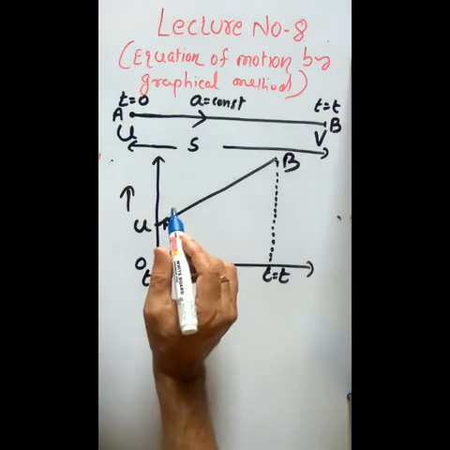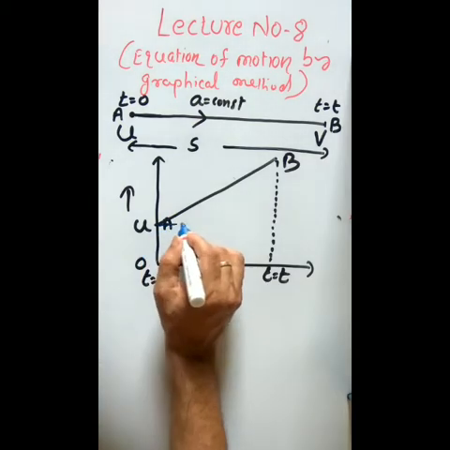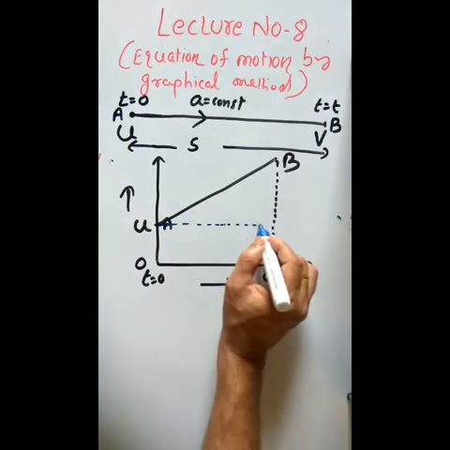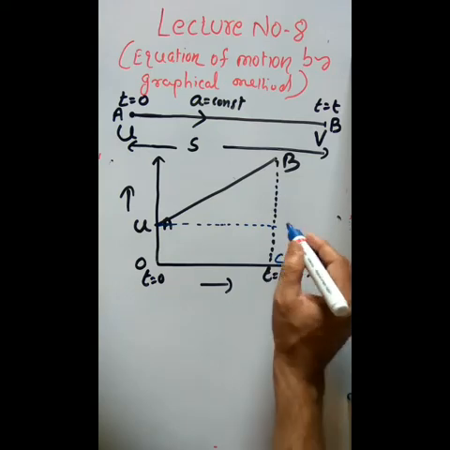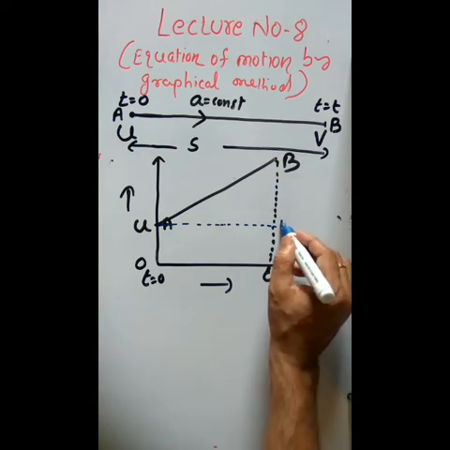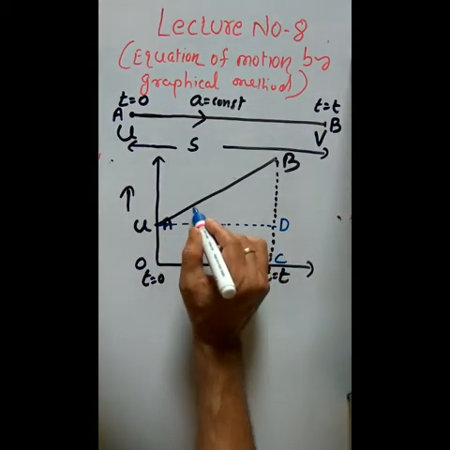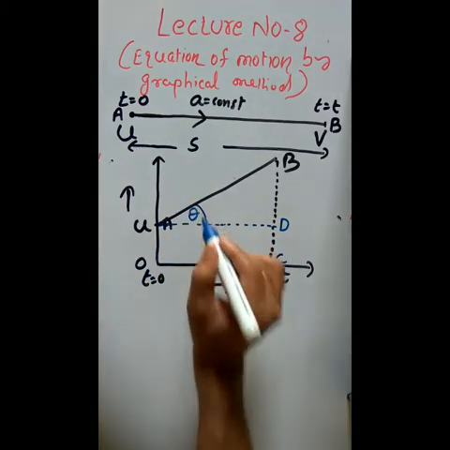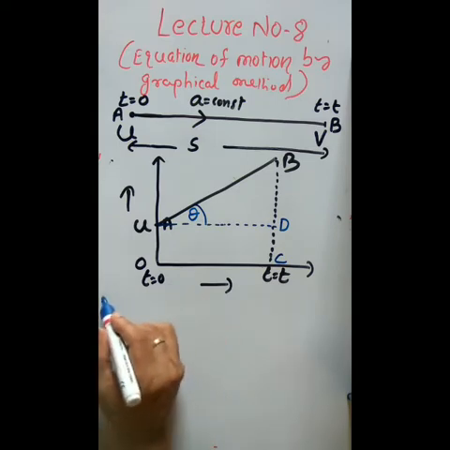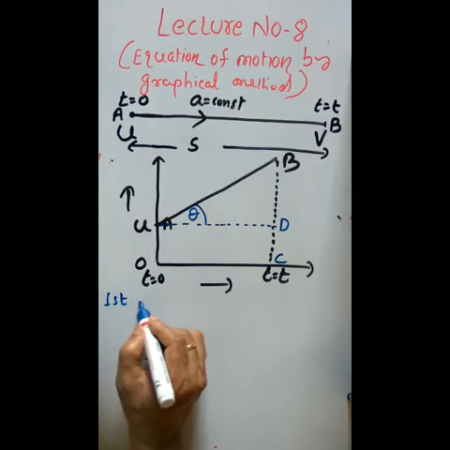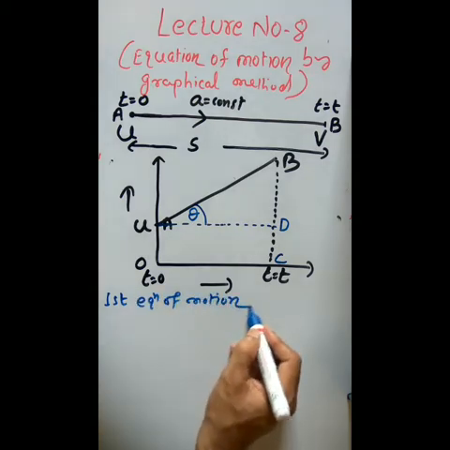Now you draw a horizontal line to this line. Let us say this point is C, this point is D, this is O, this is A. Now let's say this angle is theta. Now we will find the first equation of motion. What is the first equation of motion?